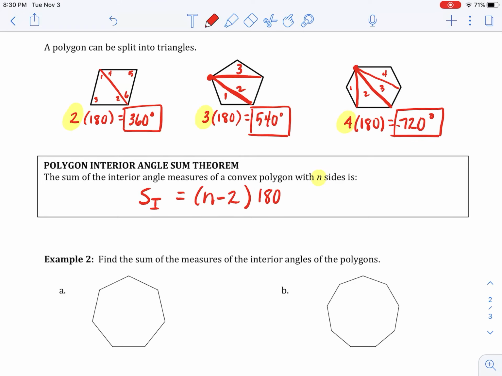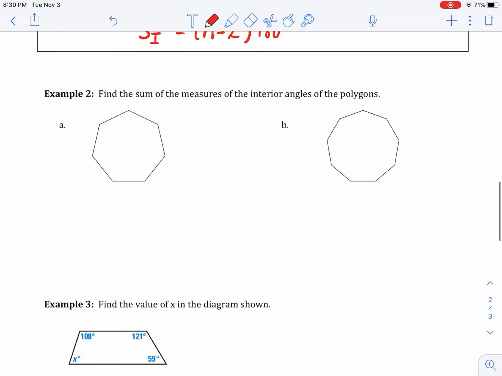All right, so let's do a couple examples. For example 2, first we have to know how many sides. So it's asking us to calculate the sum of the interior angles. So that's going to be the SI formula, right? So all you have to do is take the number of sides minus 2 times 180. And so let's count the number of sides. We have 1, 2, 3, 4, 5, 6, 7.